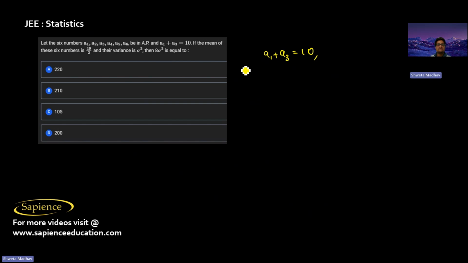If the mean of these 6 numbers, A bar, that is (A1 plus dot plus A6) by 6, is equal to 19 by 6, and their variance sigma square is A1 square plus dot plus A6 square by 6 minus A bar square.